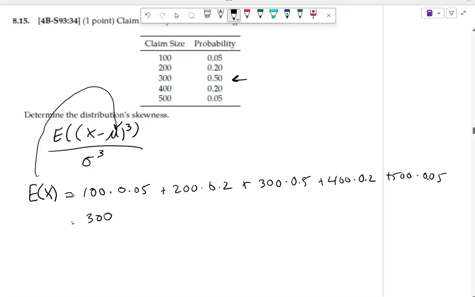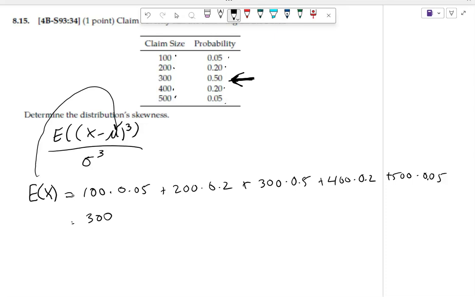I was actually going to go do the actual problem, but you're exactly right. This is symmetric, right? About the mean, we've got an equal probability at an equal distance, and an equal probability at an equal distance on the other side. So you're exactly right. I would know it was 300. Well, if it's symmetric, then I know the skewness is 0. So I can actually quit there.